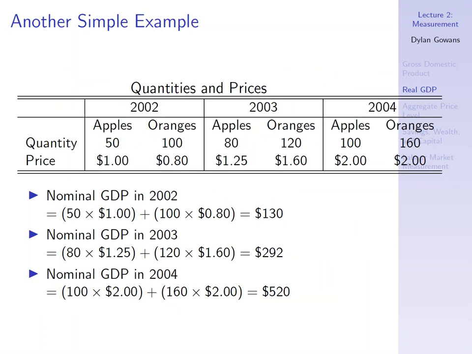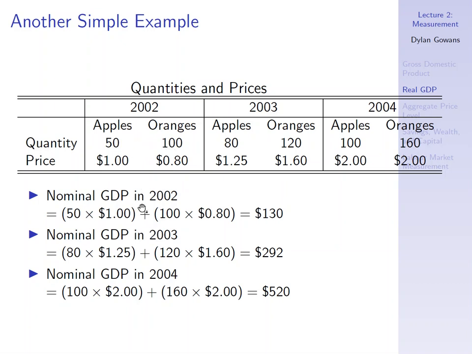So let's start with a simple example, using base year prices to calculate real GDP. Here's our fictional economy. We have 3 years, and the economy makes only apples and oranges. We can calculate nominal GDP in each year, which is just the sum of the production of both goods weighted by their prices.